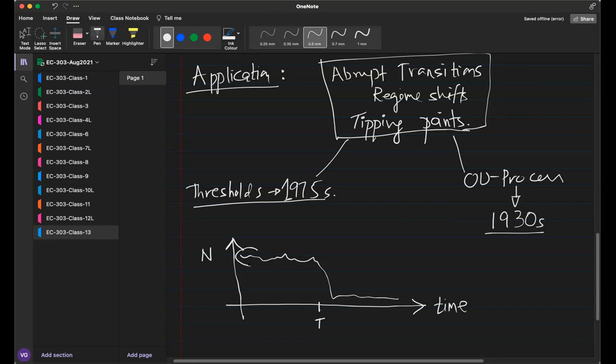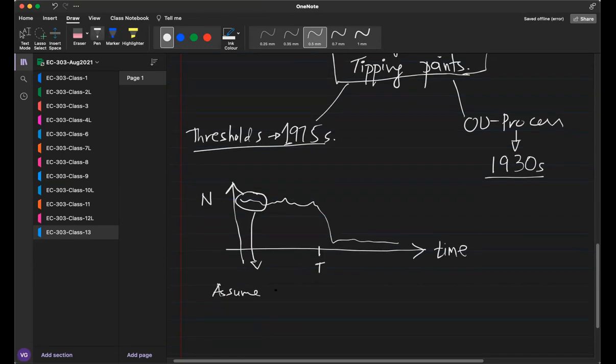We take some window here, and then we assume two things. We assume that the parameters of the model change very little in this time window. They do change, of course, but very little.